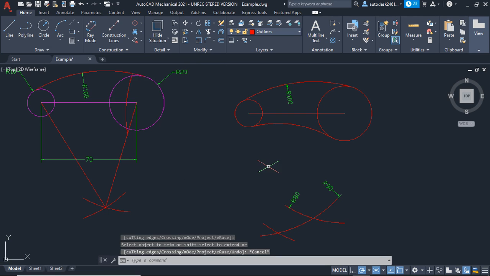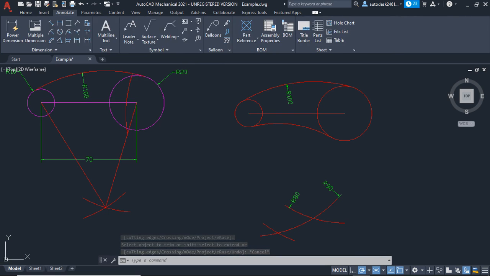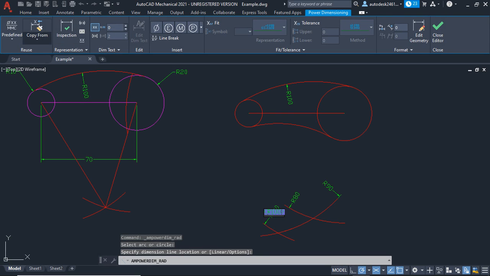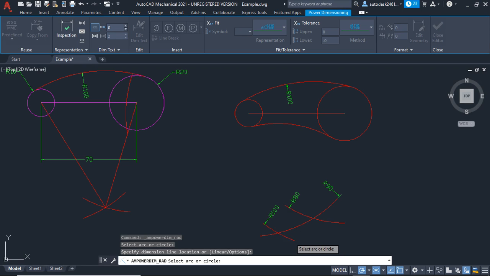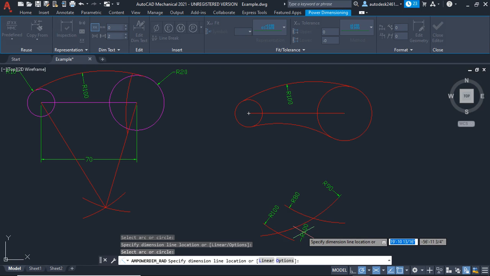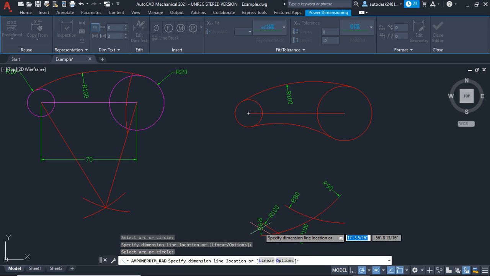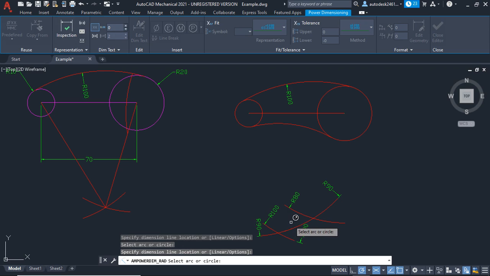Let me show my dimensions. Dimension 1, which is the radius 100, and I'll show my dimension 2. Oh, that's the same dimension for the first line. So let me show this one, radius 90, and enter.